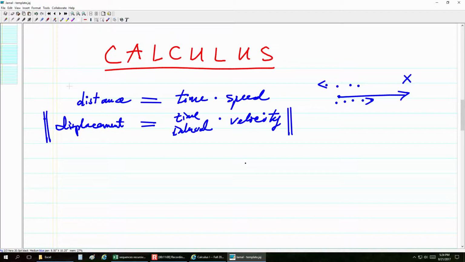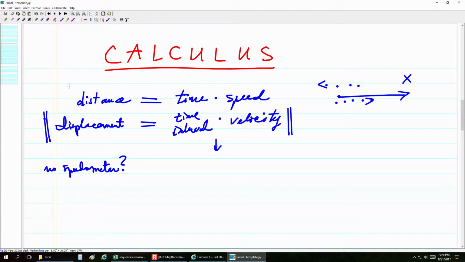If you have no speedometer, how do you find your speed or velocity? You can approximate. You set your timer and your odometer, and you figure out how far you go in a minute.